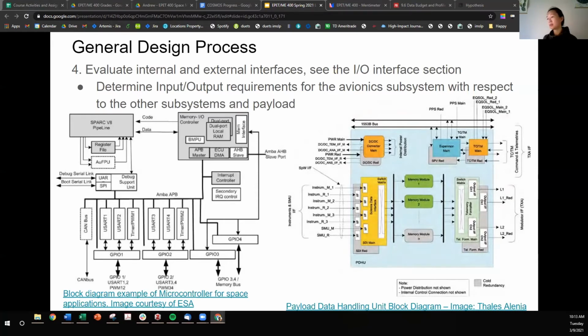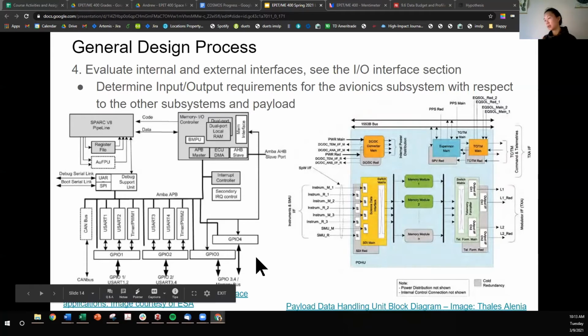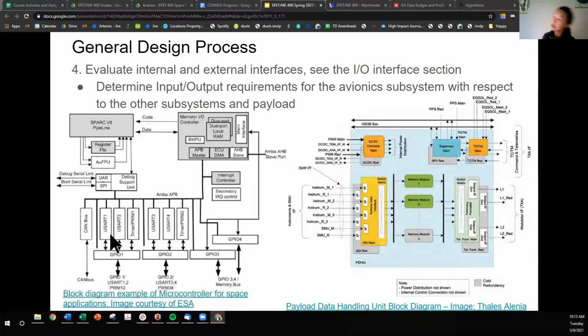These are different block diagrams. So this one is a microcontroller block diagram. You'll see here, so CAN bus, that's a data bus. USART1, USART2, those are different I/O connectors.